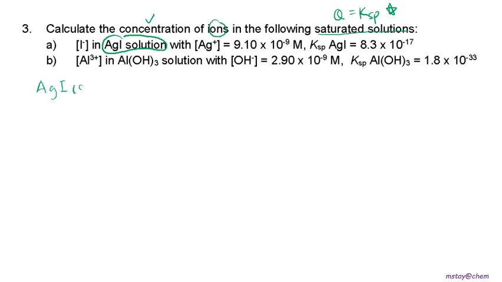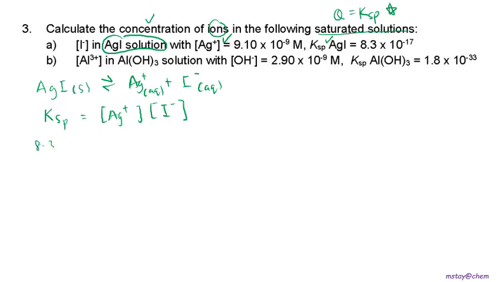It will dissociate to produce Ag plus and also I negative. Okay, then now we are given the value for the concentration Ag plus and also KSP value. So based on this equation, we are able to write the KSP expression, which is equal to concentration Ag plus and also concentration I negative.